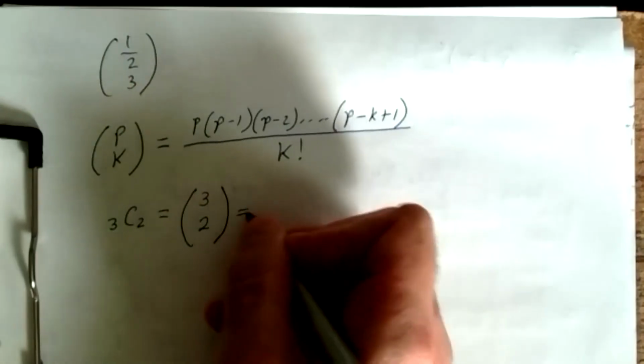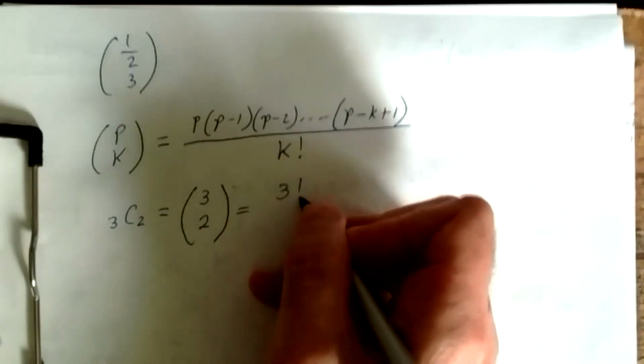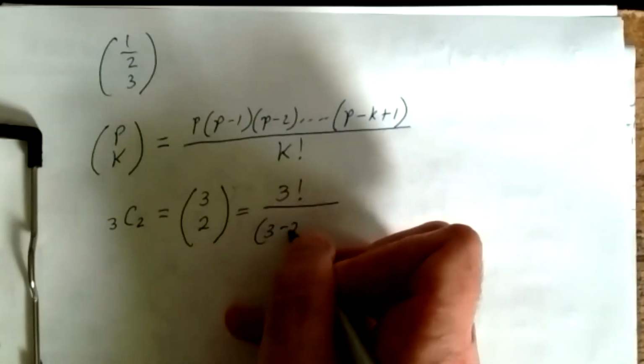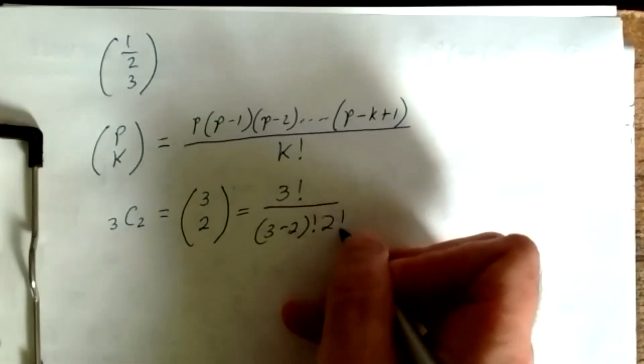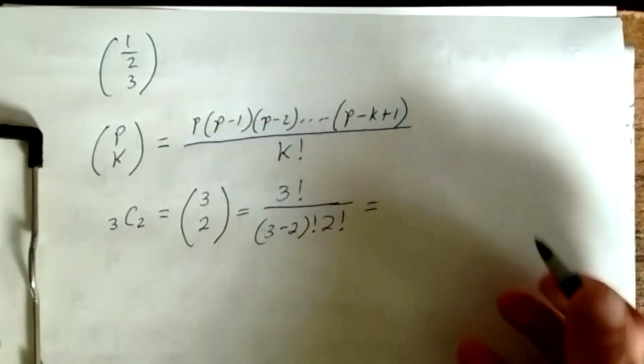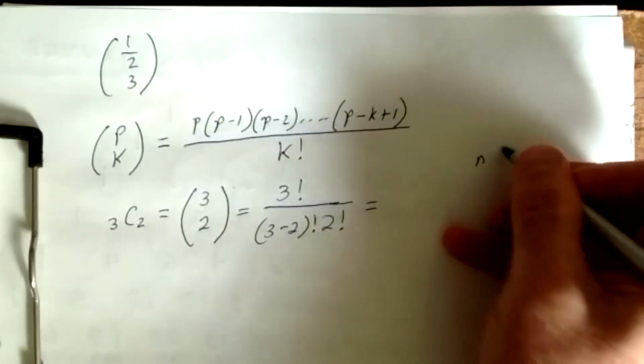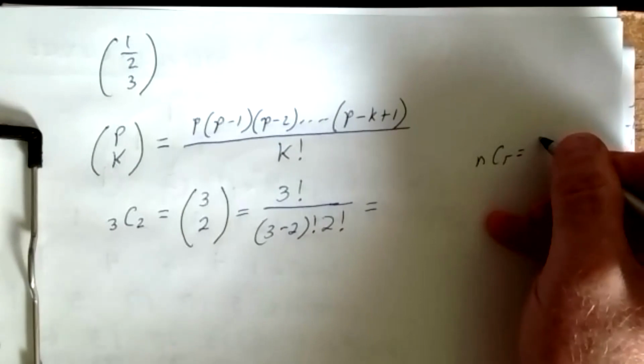Well, how would we do that? We would go 3 factorial divided by 3 minus 2 factorial times 2 factorial. Agree? Based on the formula that I showed you earlier.